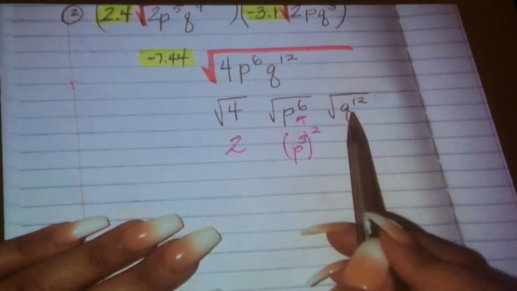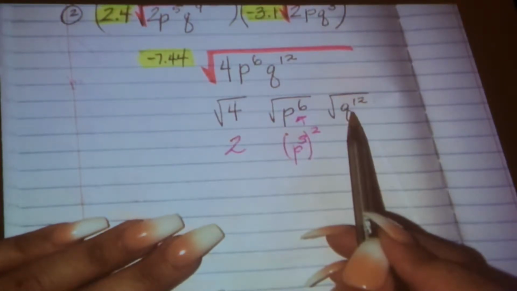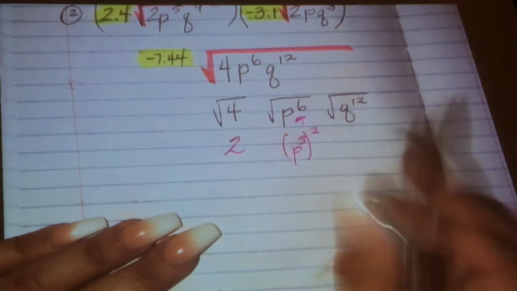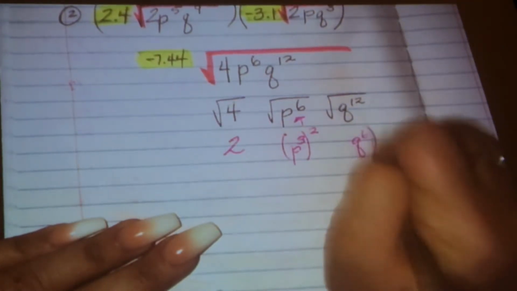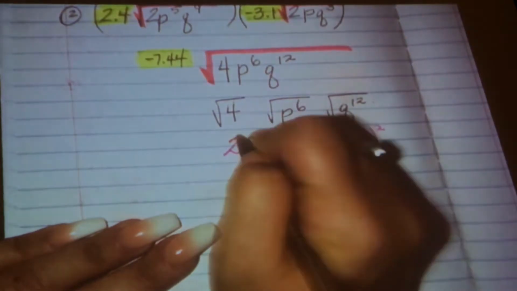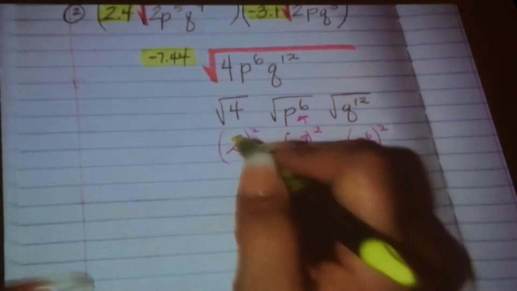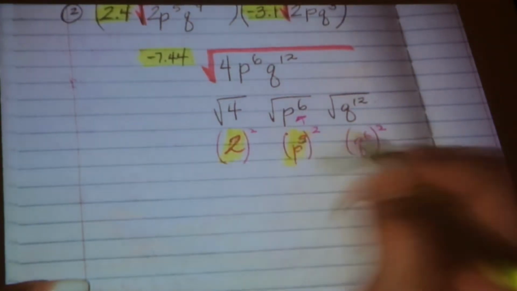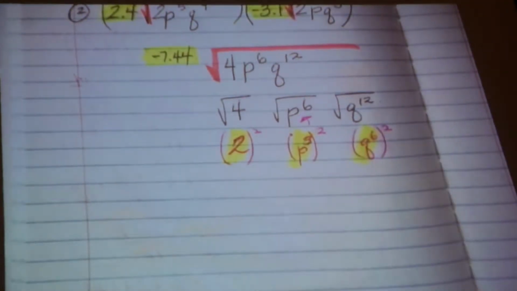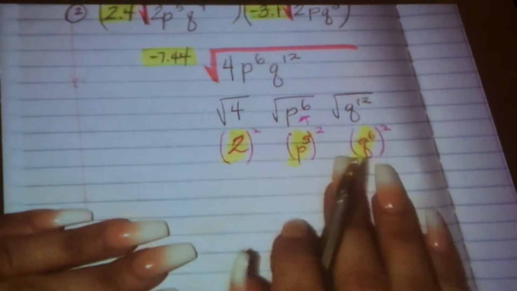So what's the square root of q to the 12th? Q to the 6th. So these right here are the square roots of these numbers.